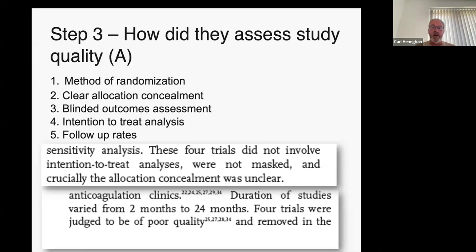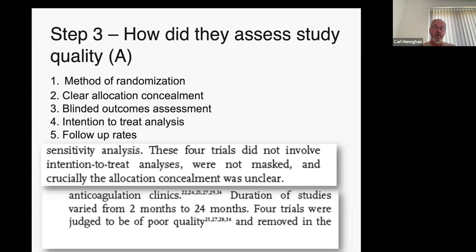Then your third is, how did they assess study quality? Well, here you'll see that we had 5 strategies: method of randomization, allocation concealment, blinded outcomes, intention to treat, and follow-up rates. And if you were listening in the last lecture, you'll realize that's assessing the quality of the individual randomized trials. In addition, we did something else called a sensitivity analysis.